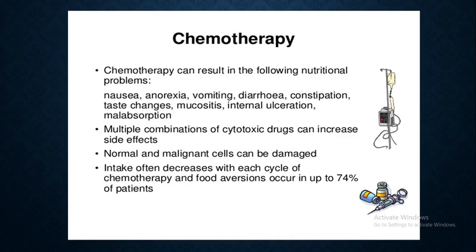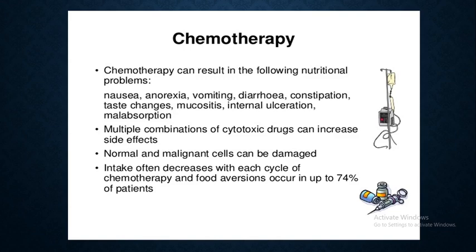Chemotherapy can result in the following nutrition problems. What are those? Nausea, anorexia, vomiting, diarrhea, constipation, taste changes, mucositis, internal ulceration, and malabsorption. Multiple combinations of cytotoxic drugs can increase side effects.